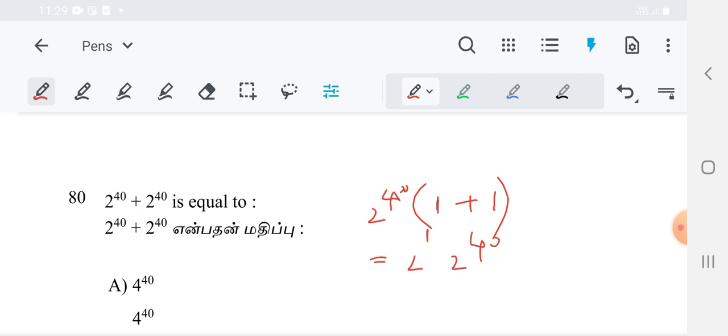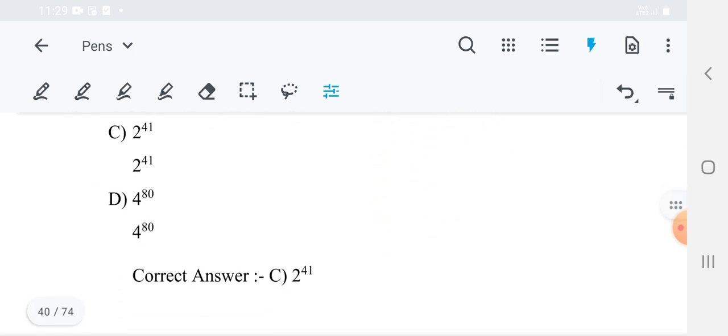Here for 2, the power is 1. Here a power x times a power y is a power x plus y, that property. So 1 plus 40, 2 power 41 will come. This is the method to solve. Using the power property, we can solve it easily.